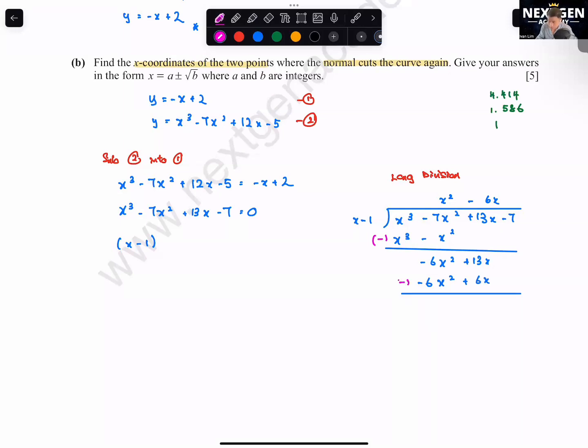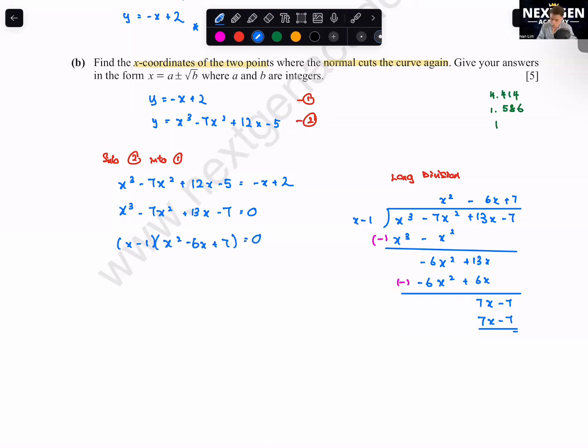Put a minus here. Then 13 minus 6x is 7x minus 7. This one we write plus 7. So x squared minus 6x plus 7. x squared minus 6x plus 7 equals 0.